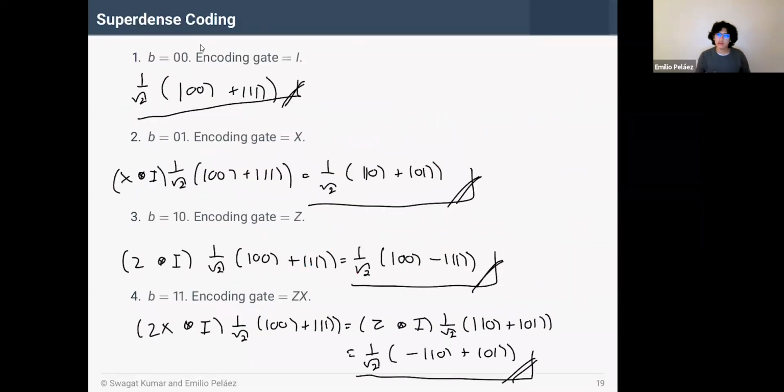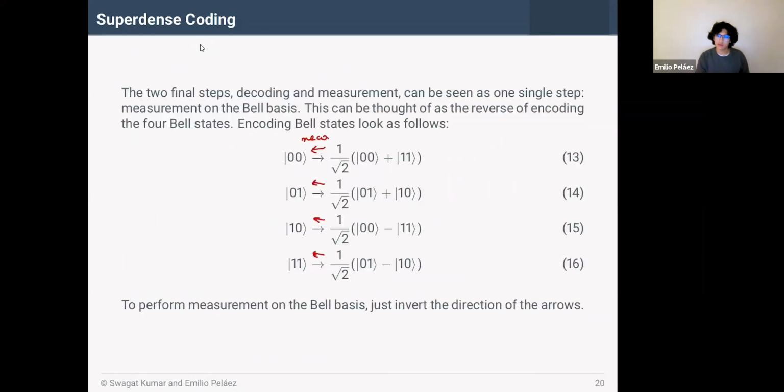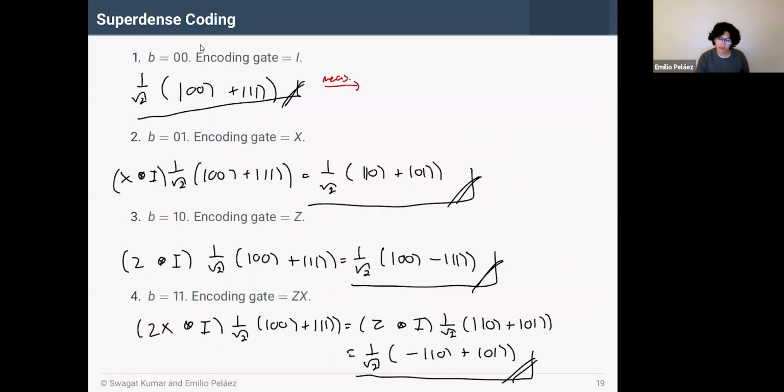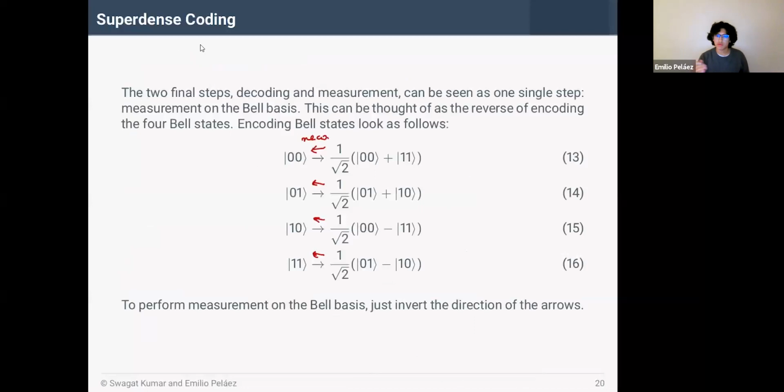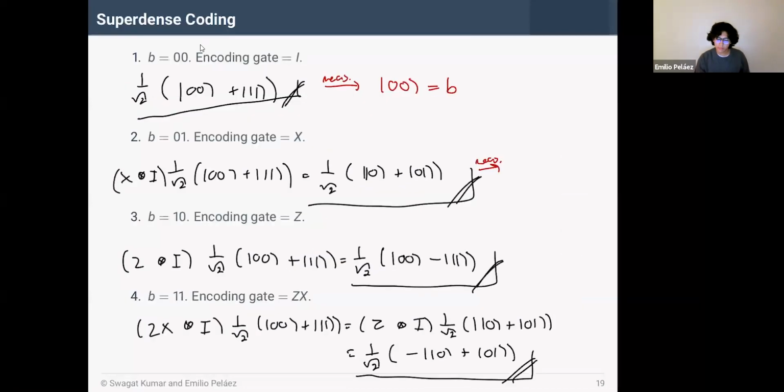So from here, it is simple to see the state we're going to measure. Using the values on the next slide, we have 00 plus 11. We simply get 00, which is equation 13. So we get 00, which is exactly the bit string we wanted to send, okay? So then again, measuring this one, which is 10 plus 01, just corresponds to equation 14. So we get 01, which is exactly the bit string we wanted to send.